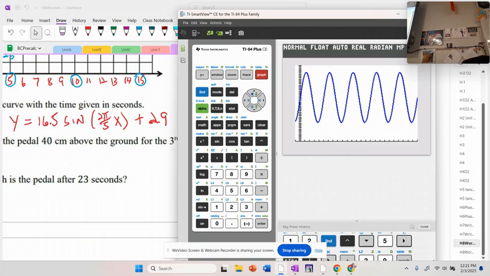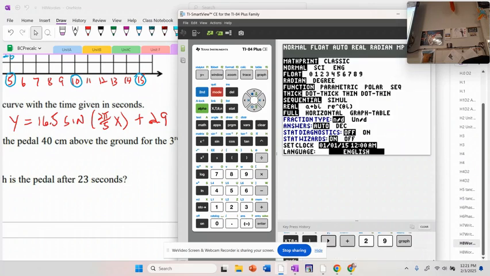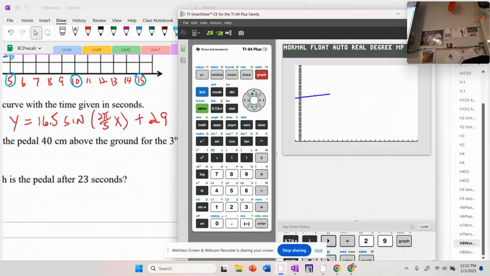Okay, that helps. Hey, watch this. You ready? Want to see how bad it is when you're in the wrong mode? Because 15 radians is nowhere near the same as 15 degrees.